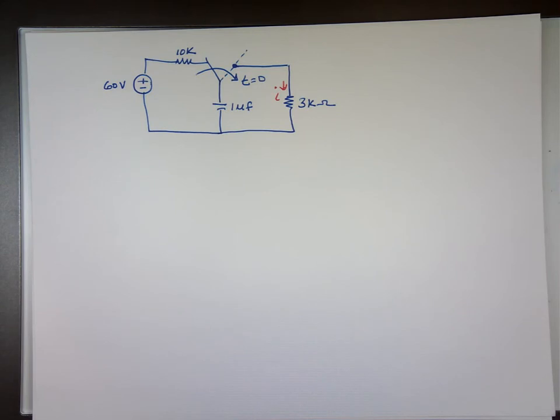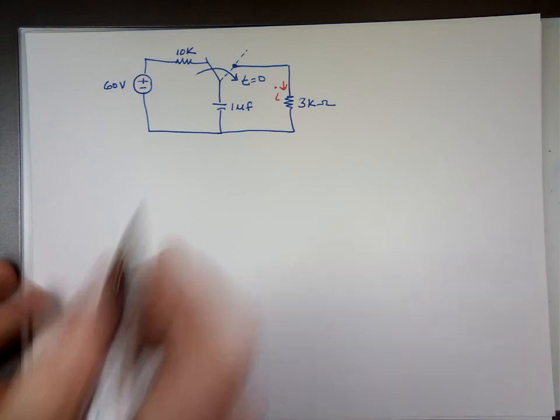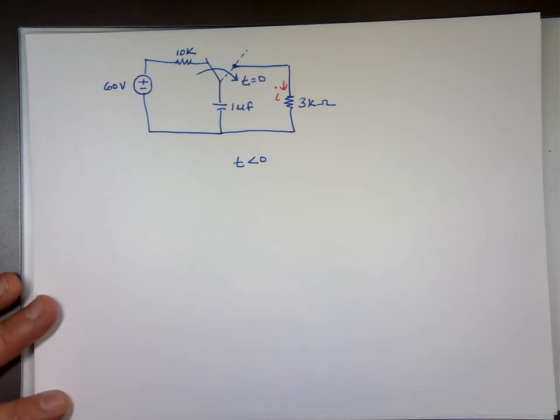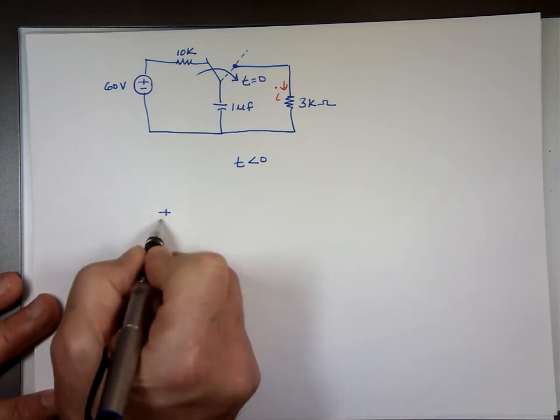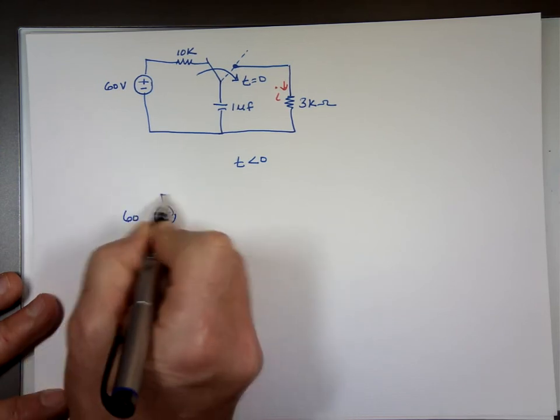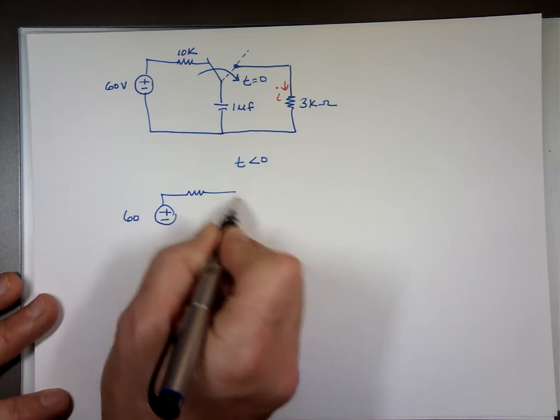So I have to look at the circuit for t less than 0. For t less than 0, this is what my circuit looks like, assuming it's been sitting there for a while. The switch is connected to the capacitor.